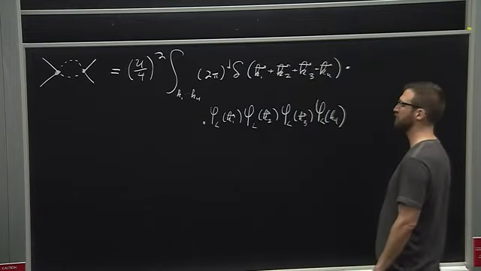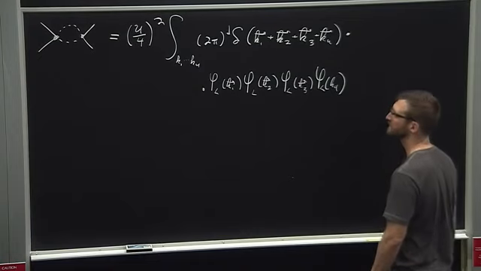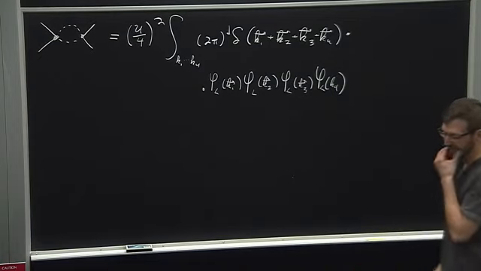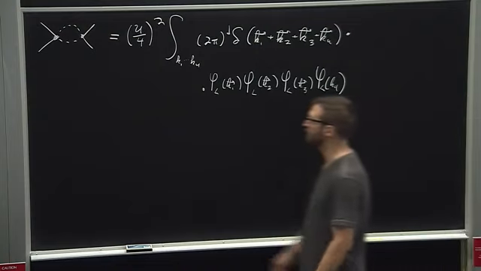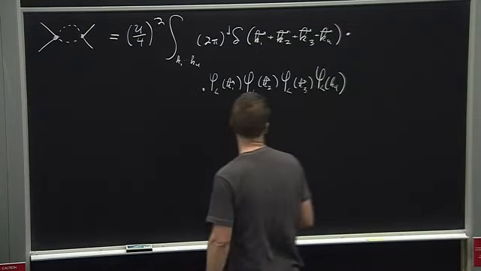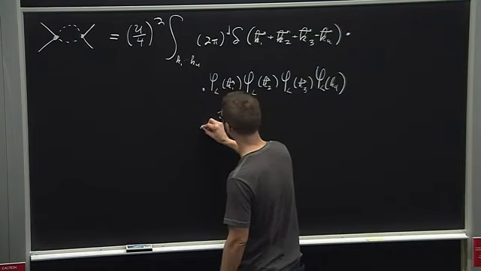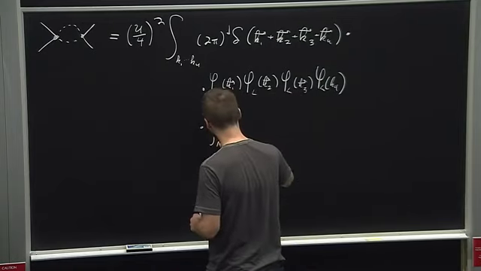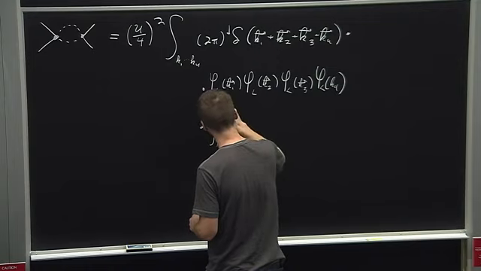I thought I had more room. And I have to integrate over the fast fields, right? That's the point with these two lines here. And just like before, those integrals, I can write them in terms of the propagator.